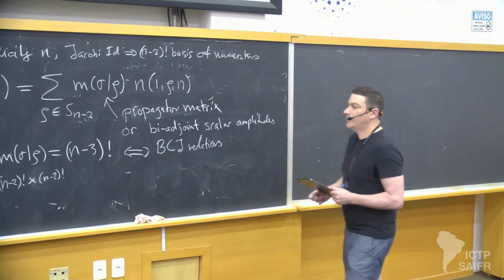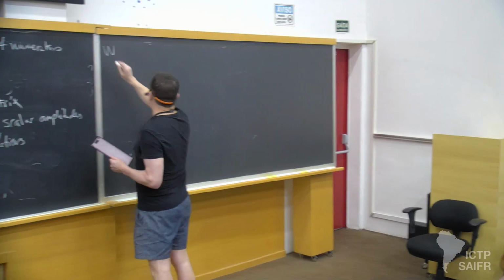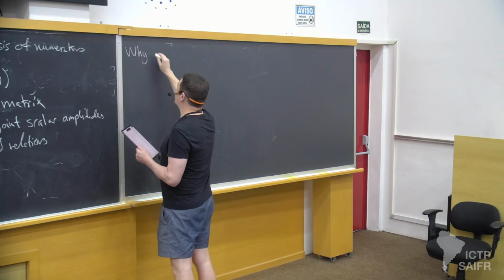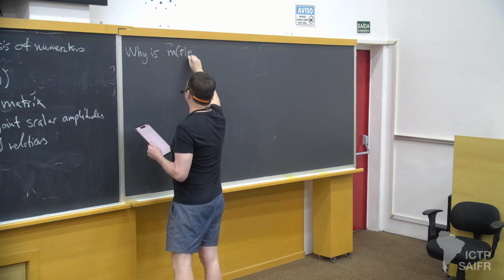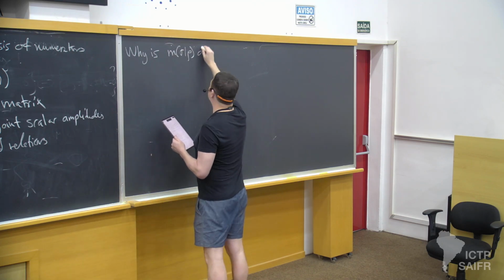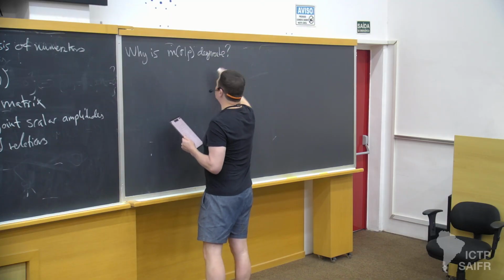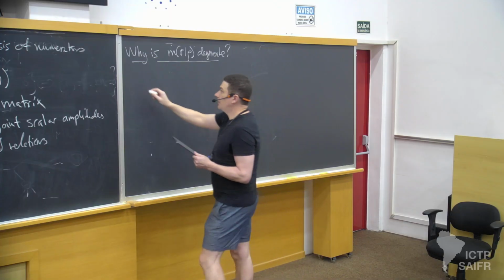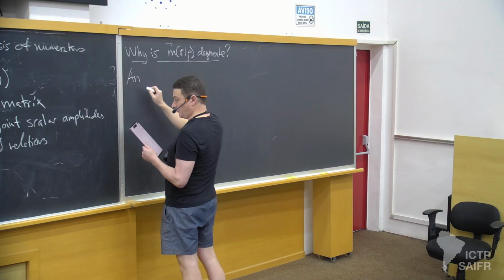Why is it that this matrix is degenerate? So let me try to make an argument why that's true. Well, let me answer in the following way.